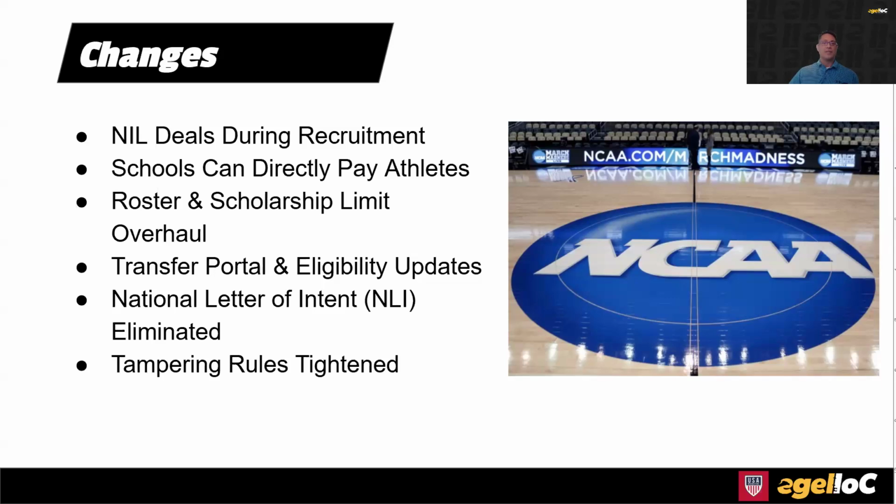Another thing is that there are roster and scholarship limit overhauls, also starting today. Schools opting into the settlement can provide unlimited scholarships, but that is subject only to a roster cap structure instead of prior sport-specific limits, and certain current athletes can be designated who won't count against their caps.